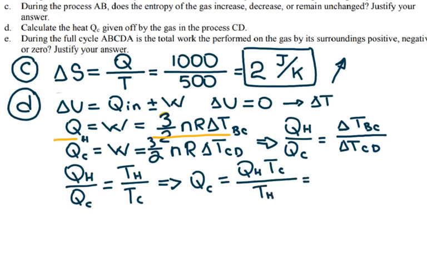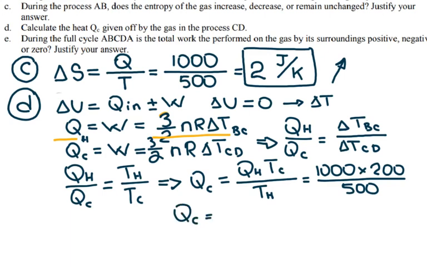So this one is 1000, this one is 200, and this is 500. So Q cold is 400 joules.